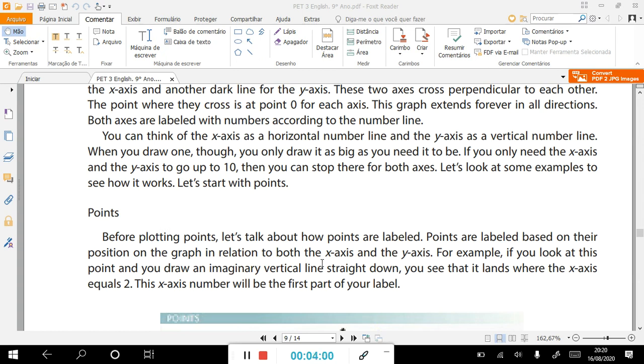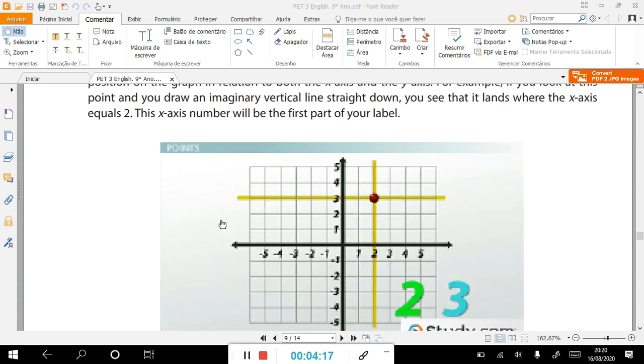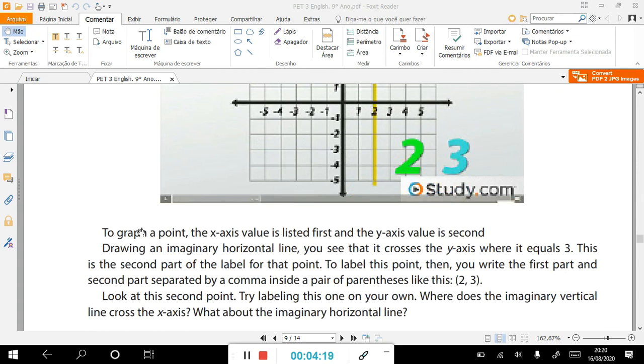For example, if you look at this point and you draw an imaginary vertical line straight down, you see that it lands where the axis equals 2. This x-axis number will be the first part of your label. To graph a point, the x value is listed first and the y-axis value is second.